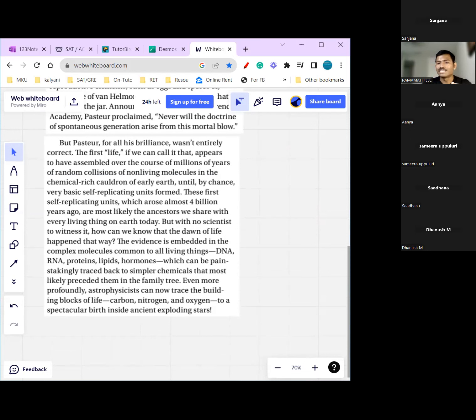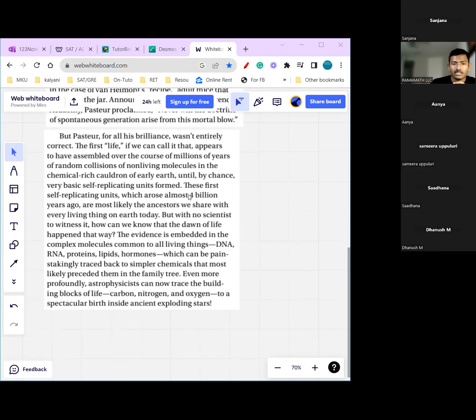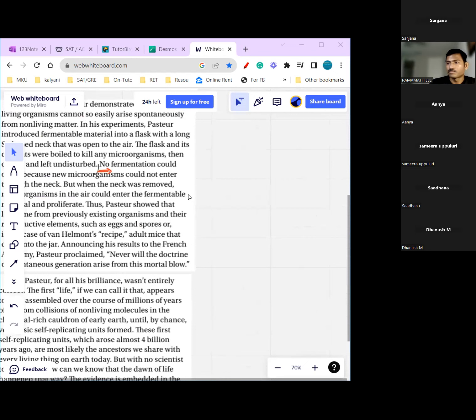So whenever any passage is given to you, you always read it analytically, which means paying attention to what's happening, and also to the structure of the passage. I'm going to write down a few things up here.